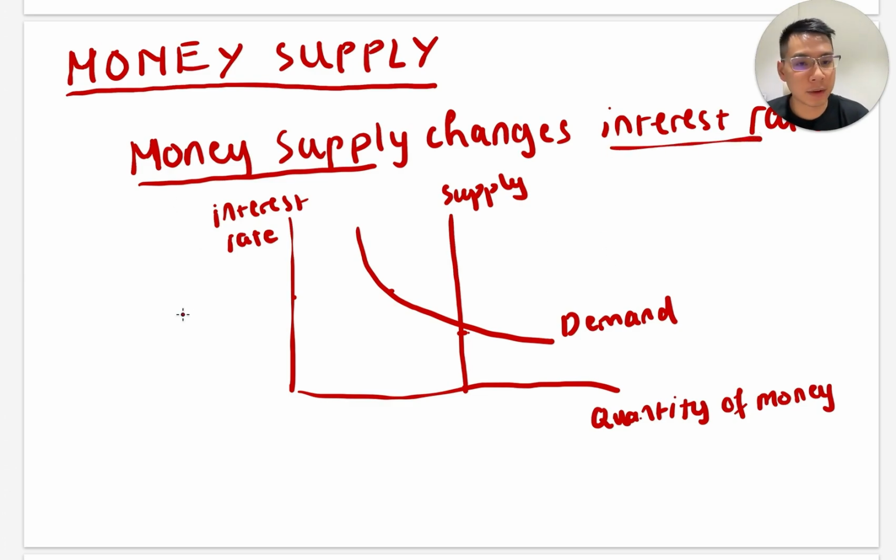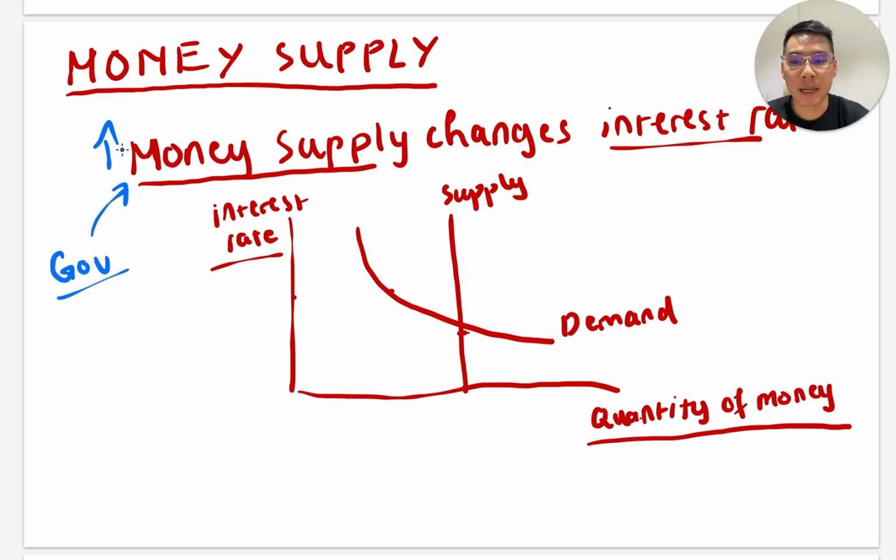And when you draw it on the graph, what you have is the quantity of money in the economy associated with the interest rate. And the government, okay, is the entity that can control the money supply. So the government, I'm going to show here, is the entity that can increase or decrease the money supply in the market.